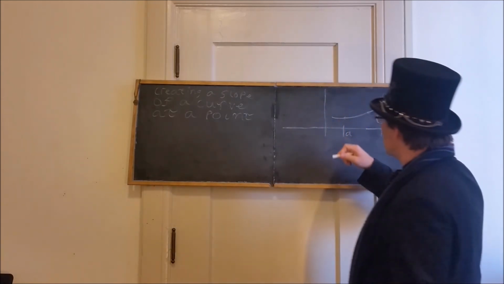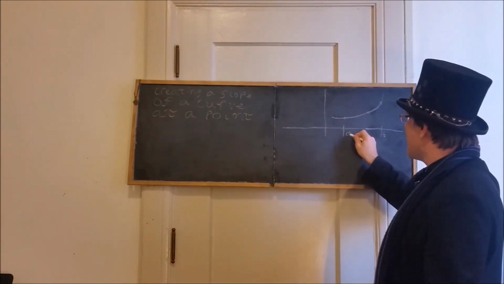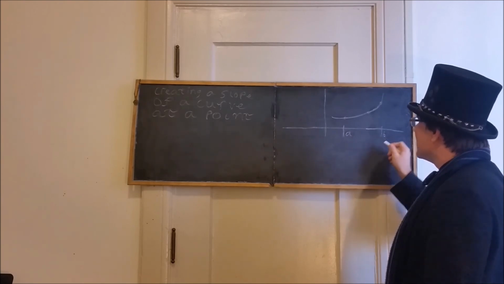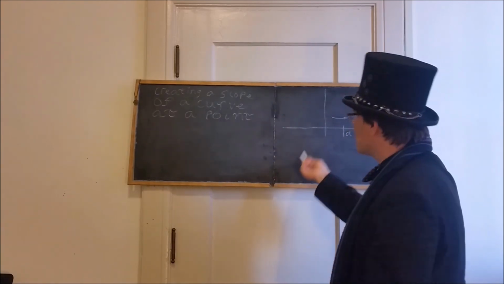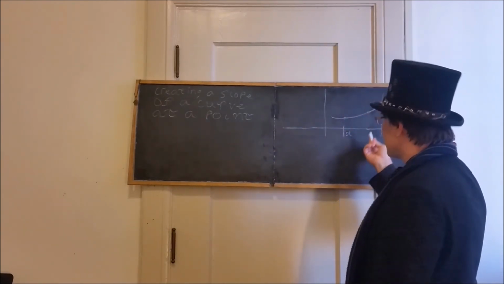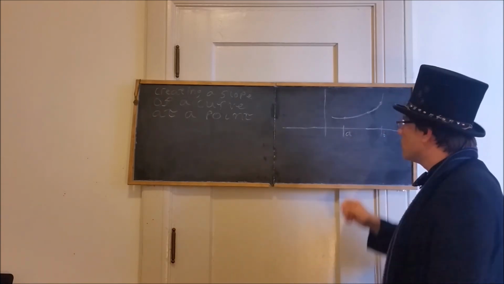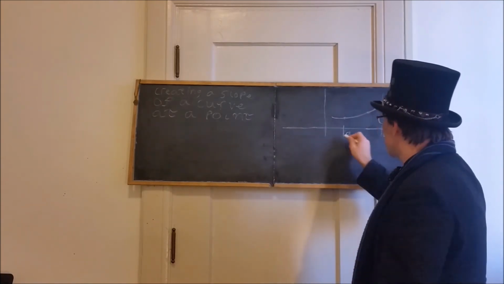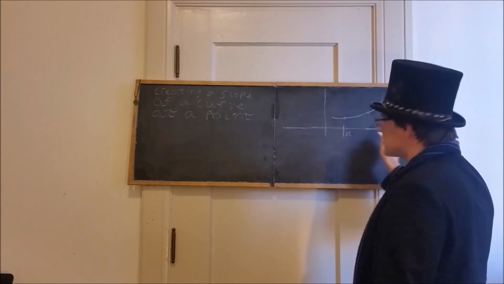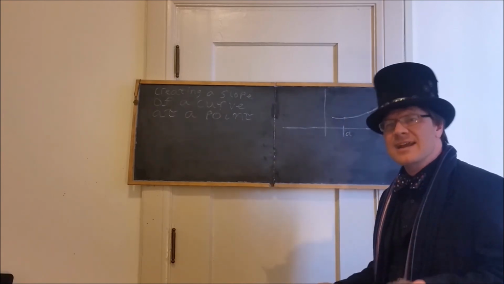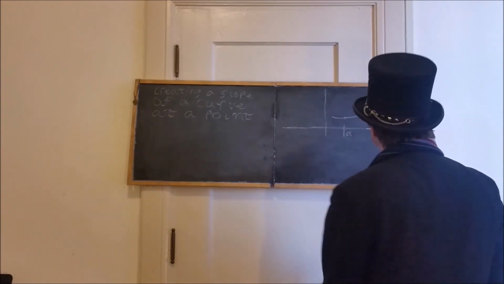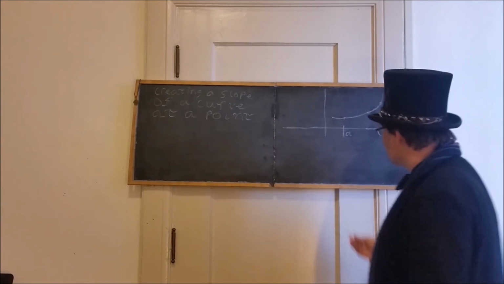So here we have a point A and we have a point B. And what we want is the delta x from these 2 points. We want the change. We want to know what distance that we traveled. That's the change, the distance that we traveled between these 2 points.